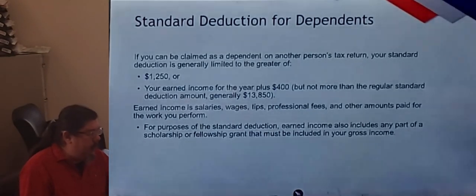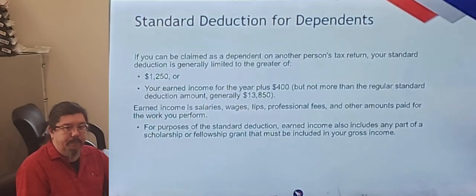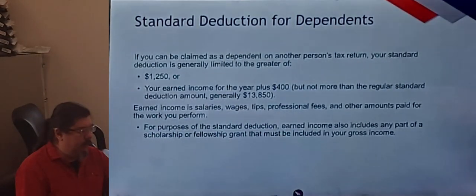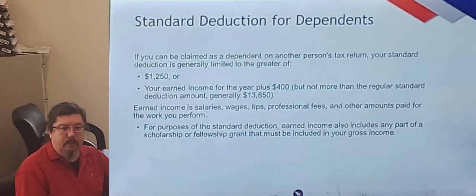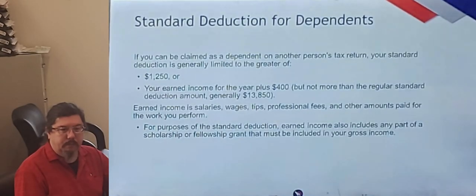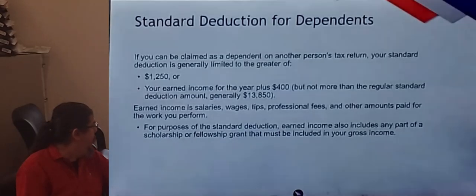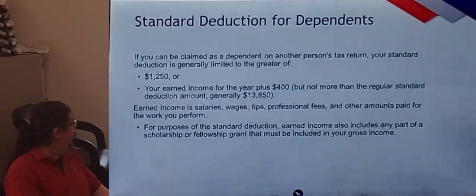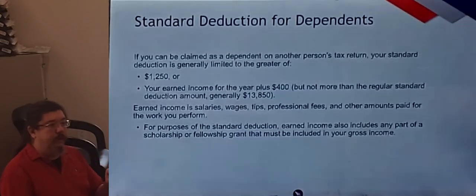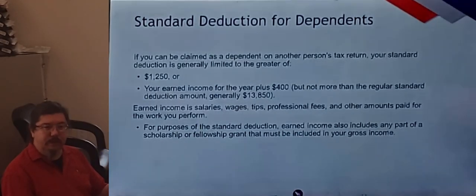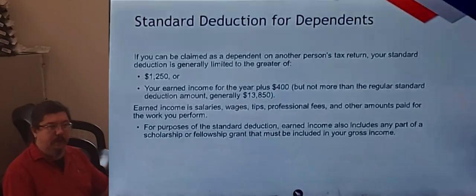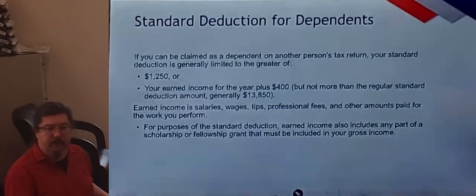In 2023, the minimum is $1,250, and the maximum is whatever your standard deduction would normally be for your filing status, almost always single, which is $13,850. Again, that's earned income plus 400, but then you check to make sure it's inside the range, 1,250 to 13,850. If it's outside of that range, then you flip it into that range.